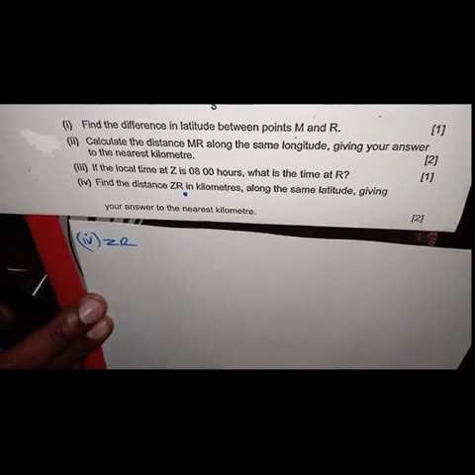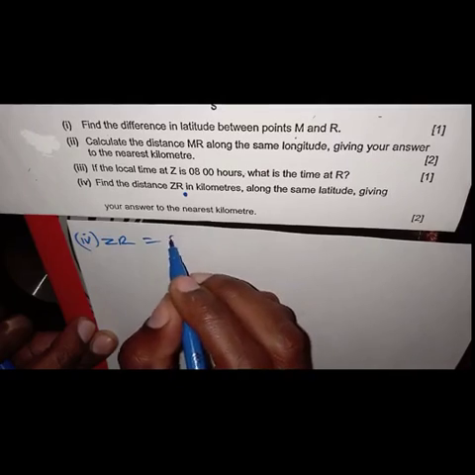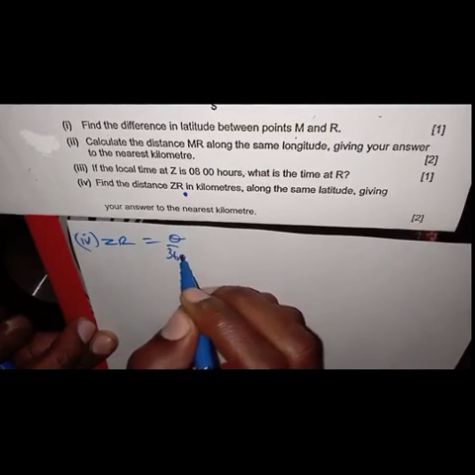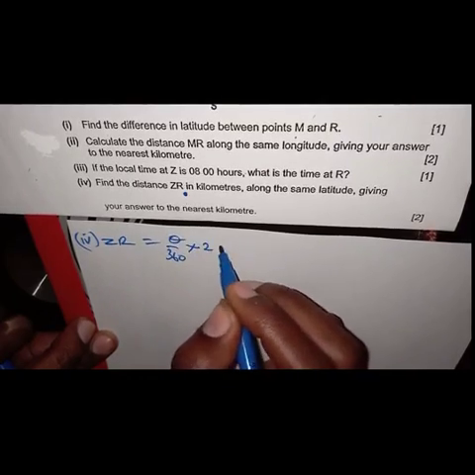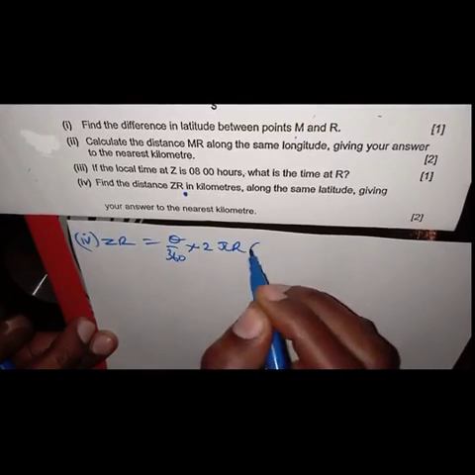ZR, that is which question? Question 4. So ZR is equal to, same latitude, theta over 360 times 2 pi r cos x degrees. This is the formula for finding distance along the same latitude.